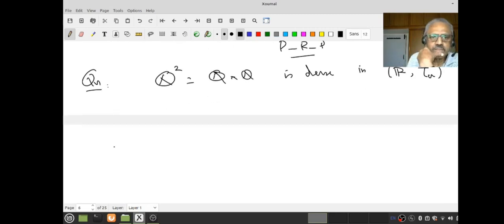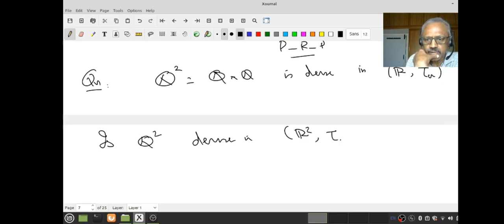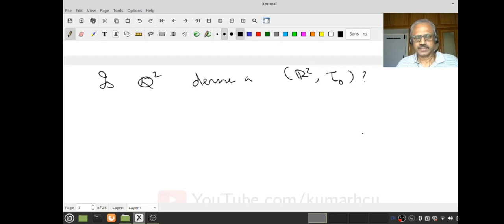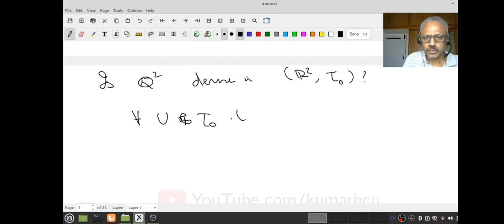I want to know, is Q squared dense in R2 with the dictionary order topology? That's an easy thing. Now that you know how to look for the simplest open sets, you give me any non-empty open set U in tau O, then U intersection Q squared must be not empty. This is what I have to check.